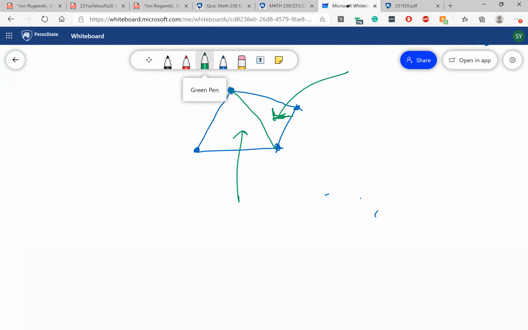Okay, and the area of these triangles, let's say this is A, B, and C, is going to be the magnitude of the vector AB cross AC over 2.